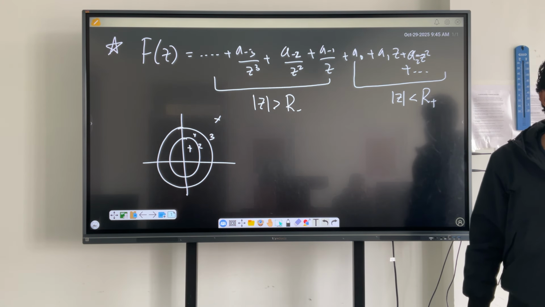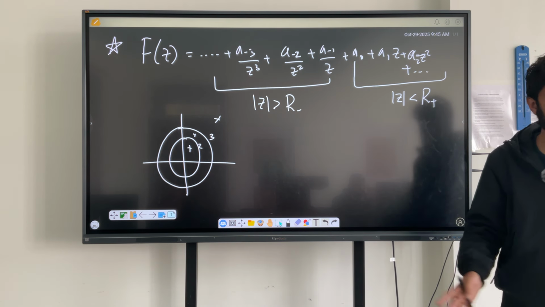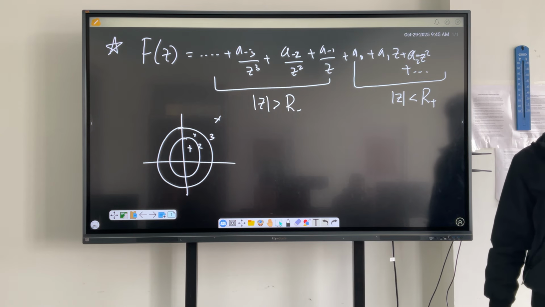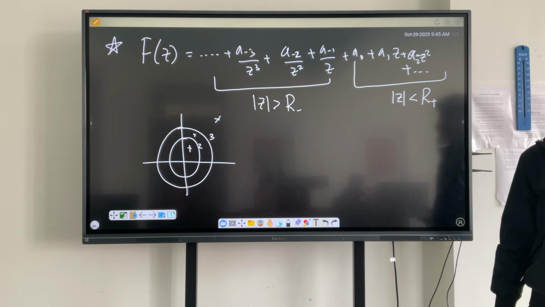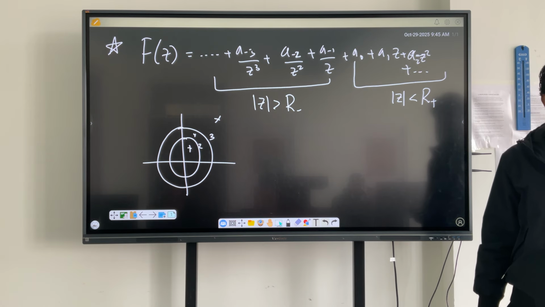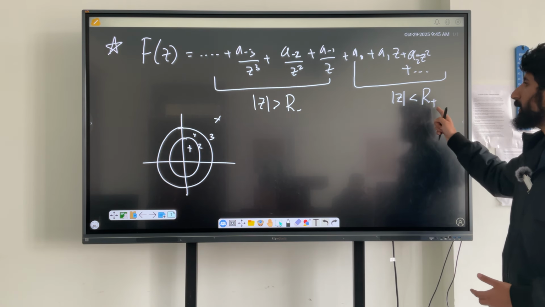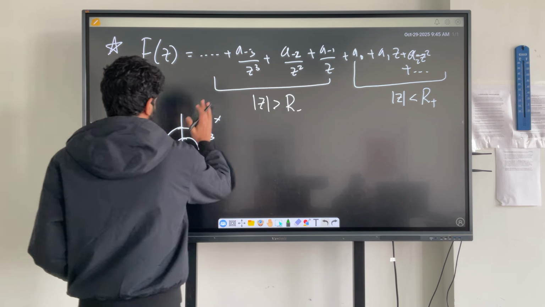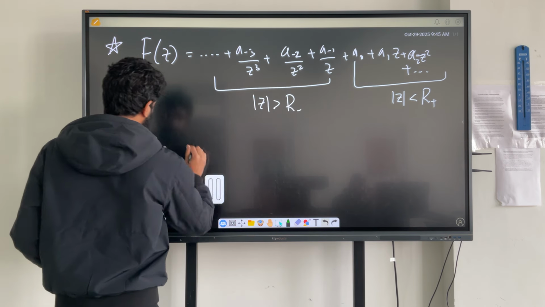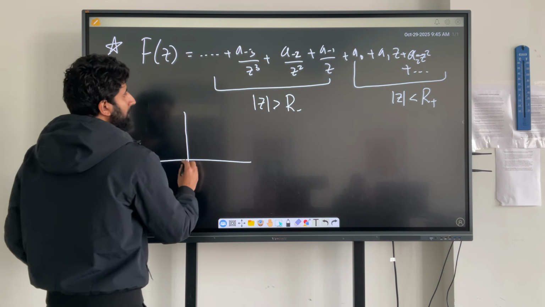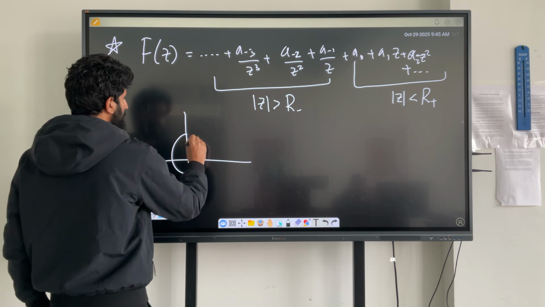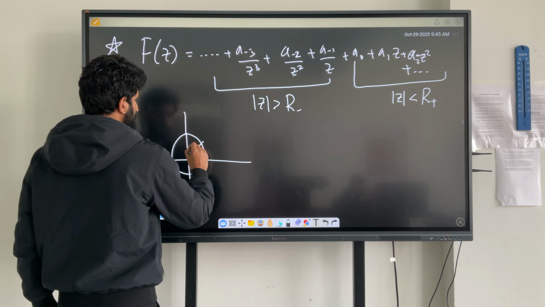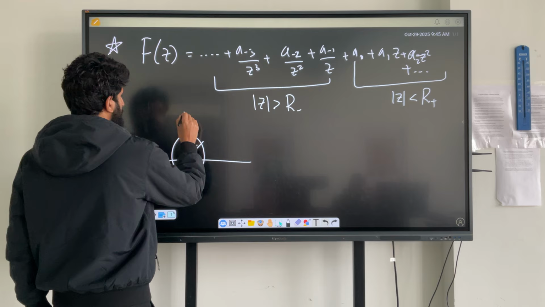What should be the relation between the two for you to get at least a region where you get finite answers? Exactly. So this should be bigger than that. So I should draw it like this: r minus should be smaller, and then you should get r plus.